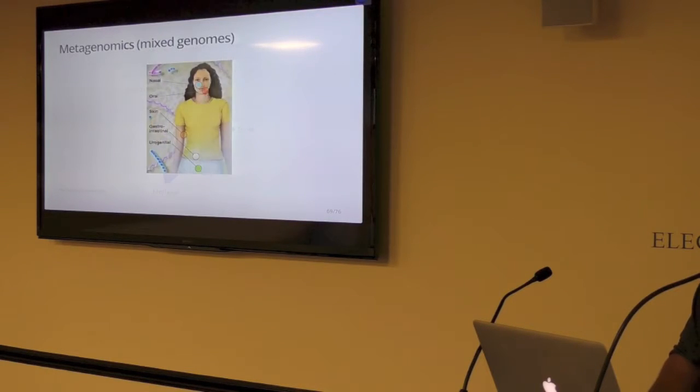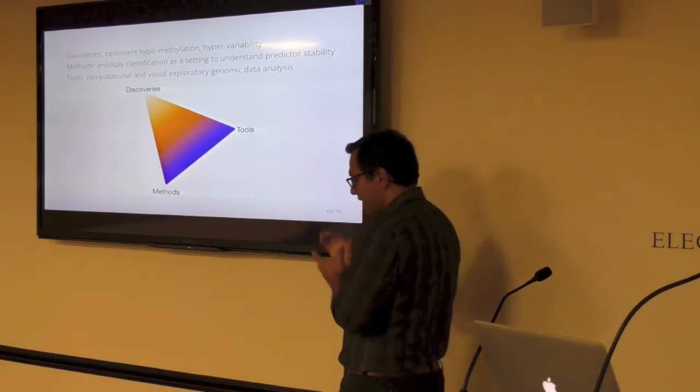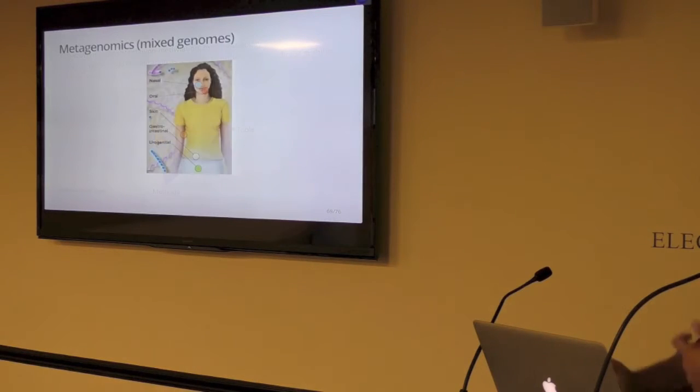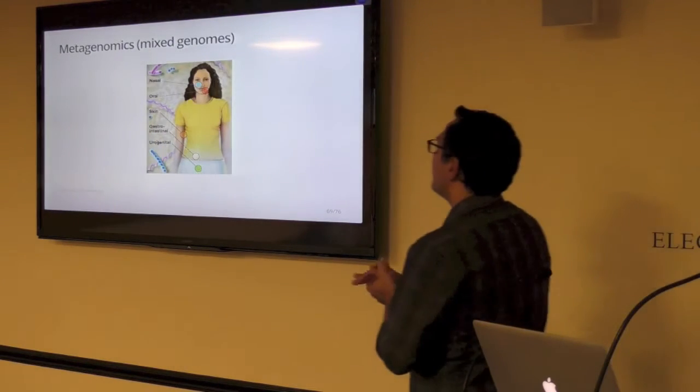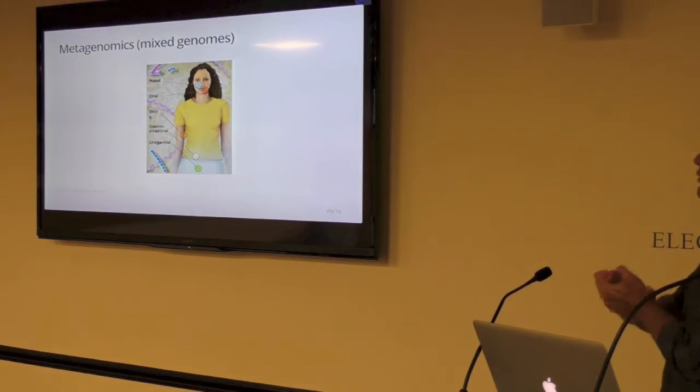findings and examples. So obviously computational epigenomics is not the only space in which I've done this type of analysis. If you were here for Mihai's talk last week, you would notice that we also did a lot of work in metagenomics. We're looking at mixed genomes.